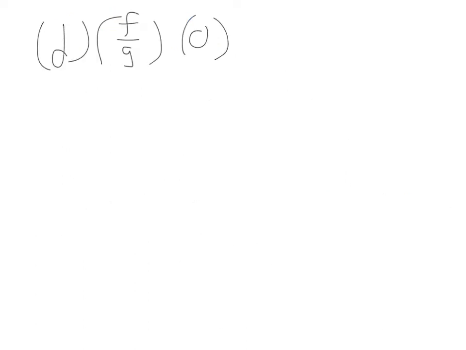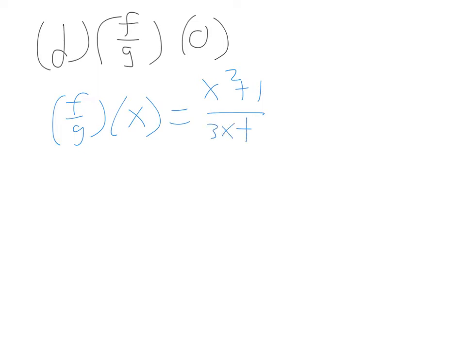So for part D, f over g of 0. Now let's start off by doing f over g of x. That would just be f of x, which is x squared plus 1, over g of x, which I believe is 3x plus 5.